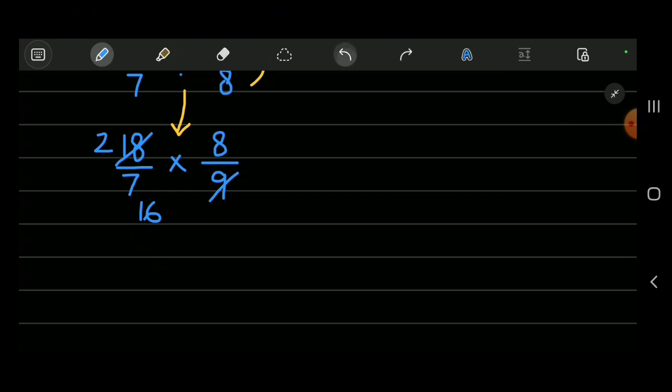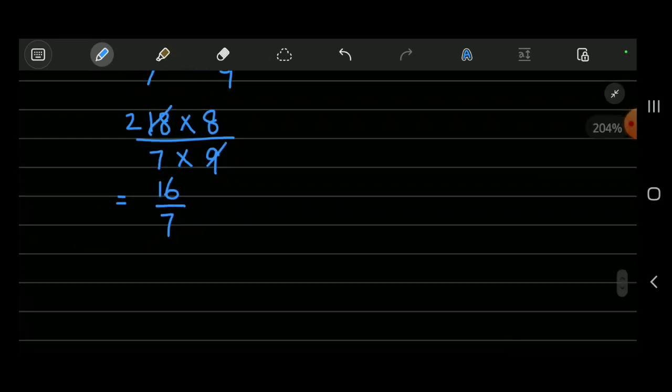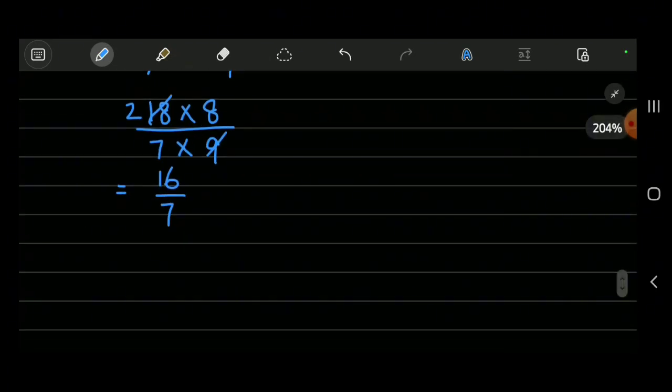Or we write as what we do for the multiplication, 18 numerator with the numerator, denominator with the denominator. Yes, we can simplify, so we will simplify. 16 over 7, but we are having an answer in the mixed fraction form, so we will do that.